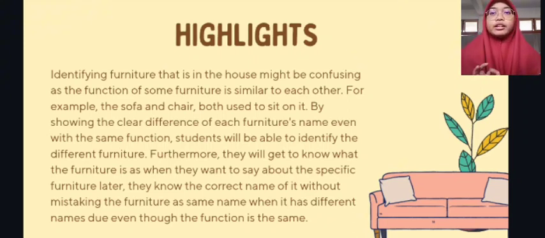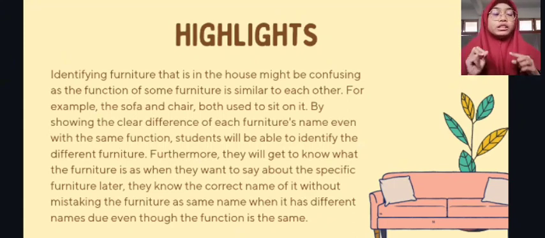By showing the clear difference of each furniture's name, even when the furniture have the same function, like a sofa, the same function as a chair, when we are able to differentiate their names, the students will be able to identify the different furniture. So when they are going out somewhere, they know what the name of the furniture is.